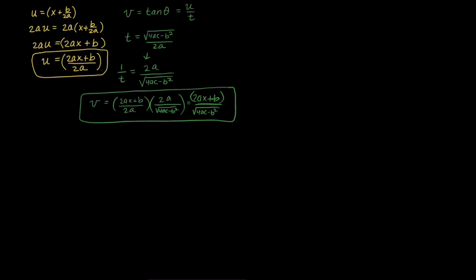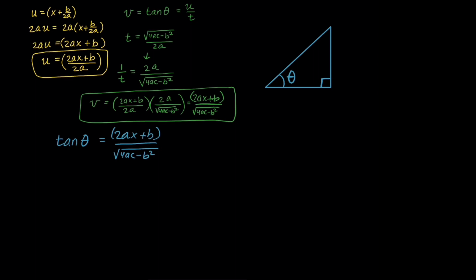So these two things will help us now back substitute, and again with a little help from some right triangle trigonometry. So if we use theta in our triangle here, tangent of theta is equal to (2ax plus b) over the radical of 4ac minus b squared.